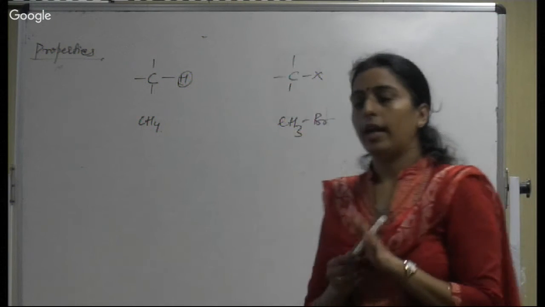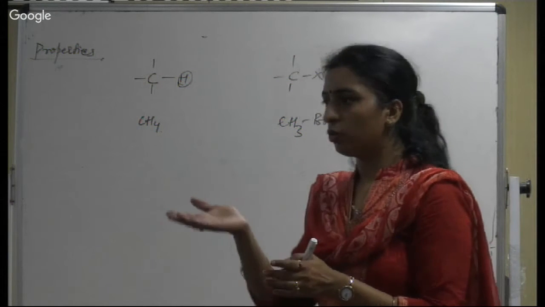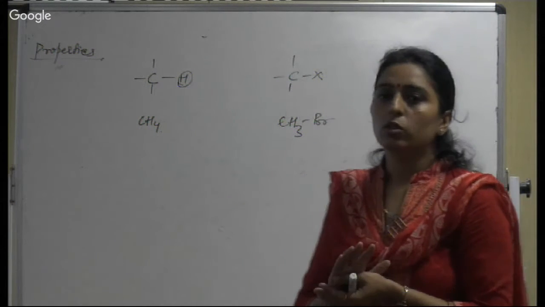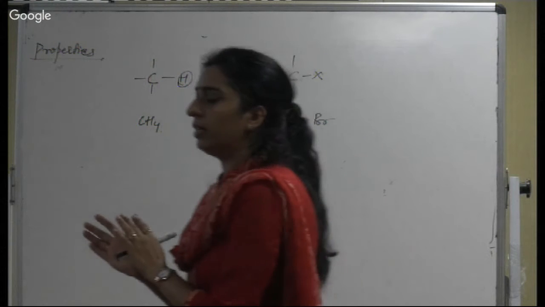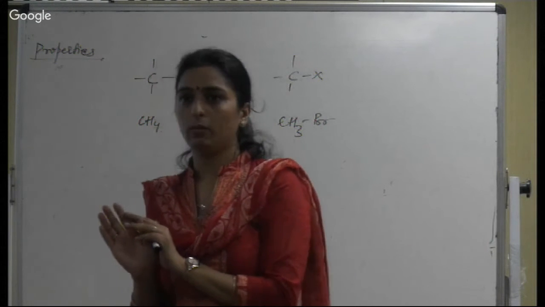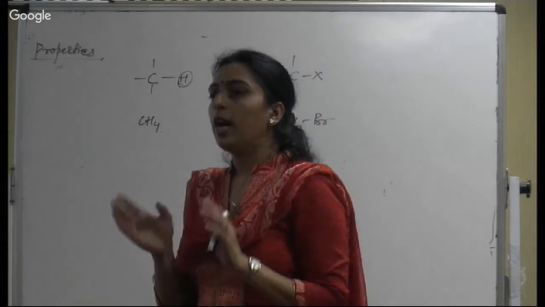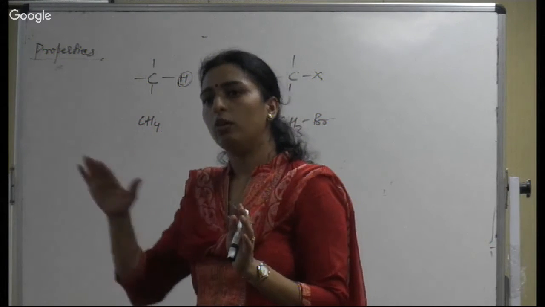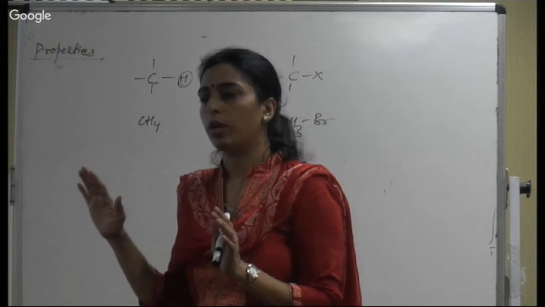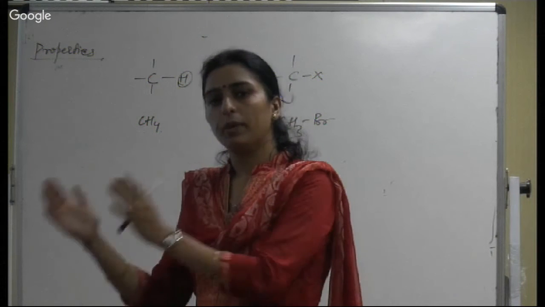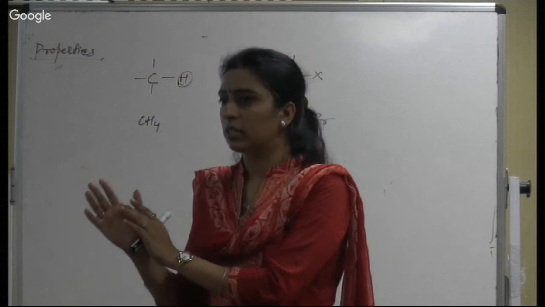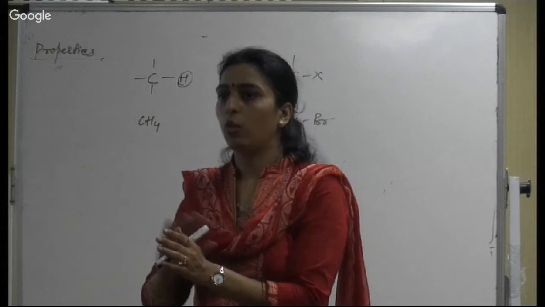Usually, aryl halides, since you're through with alkyl halides, I guess so. You are aware that the alkyl halides have a higher melting point in comparison to the normal hydrocarbon. Aryl halides have near about the same melting point or boiling point range. If you compare it with alkyl halide, there is not much difference between the melting point and the boiling point.